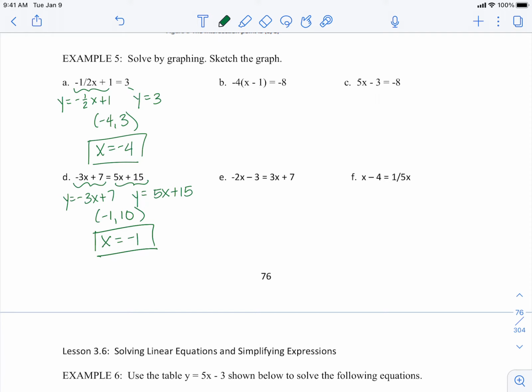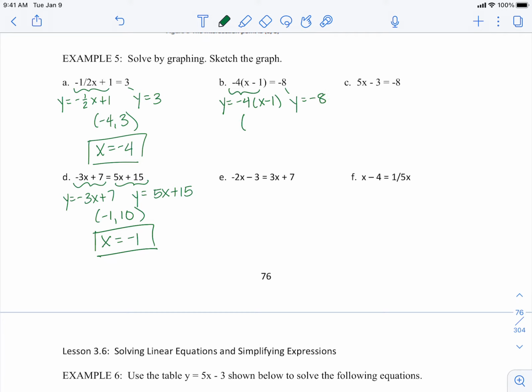I want you to pause the video and try to do B, C, E, and F. All right, hopefully you've worked through B, C, E, and F. So B, you're going to rewrite y equals negative 4x minus 1 and y equals negative 8.